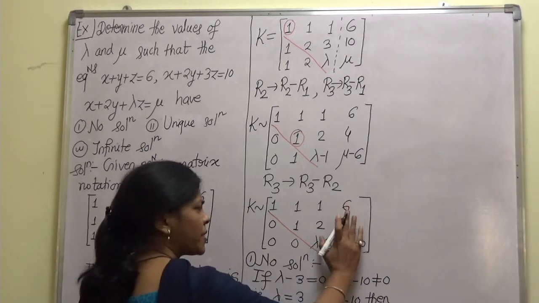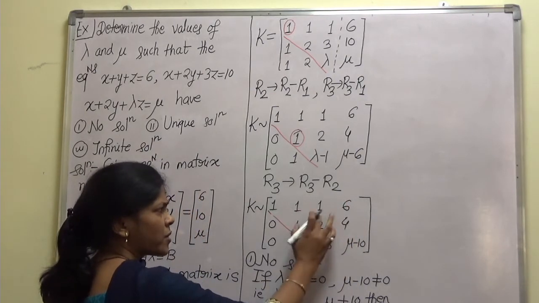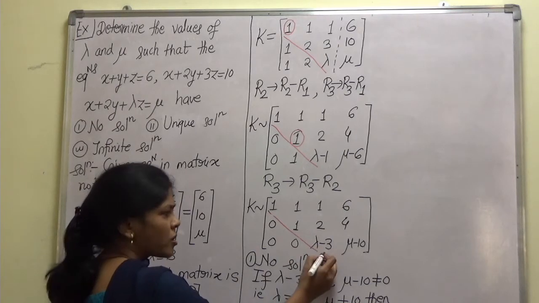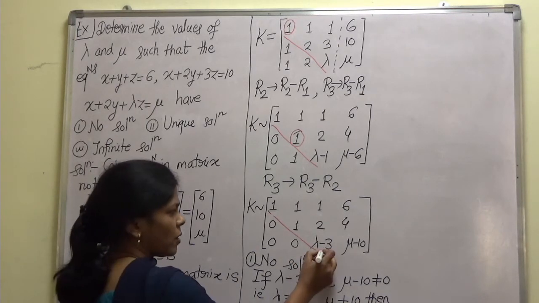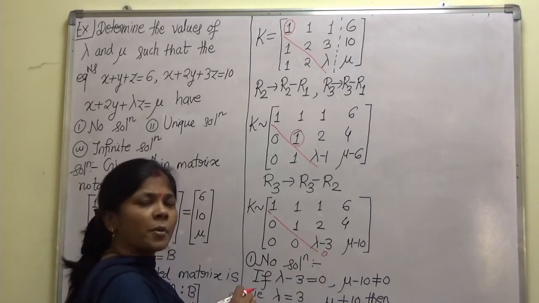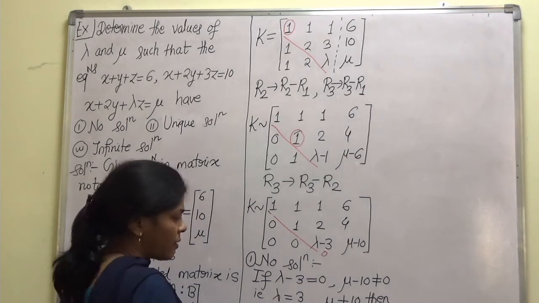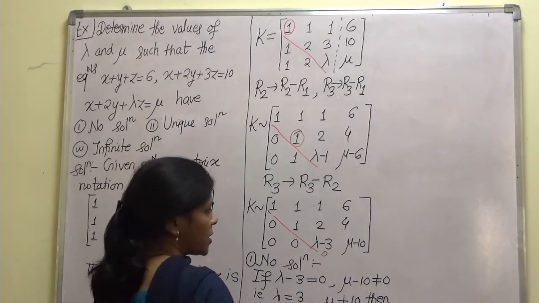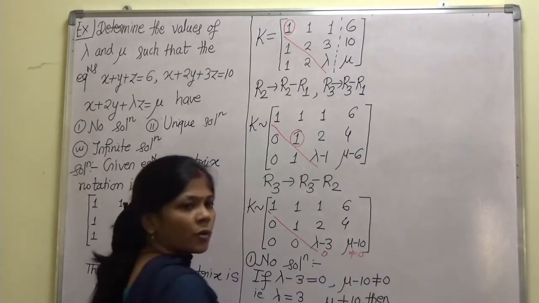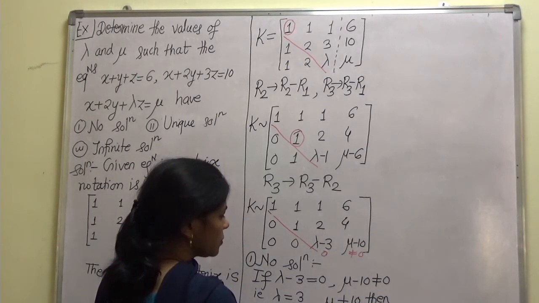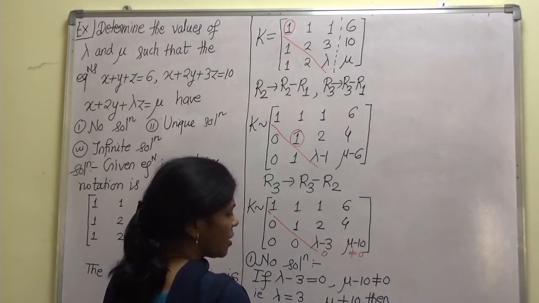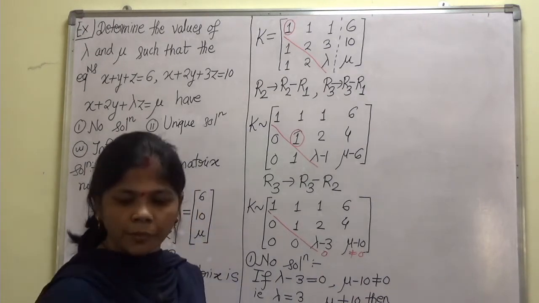If you look at the last column, what do you find? This is non-zero, this is non-zero, this also becomes a 0. So this will also be a 0 row. What will be the rank of A? That will be 2. And this is non-zero, so obviously rank of K will be 3.